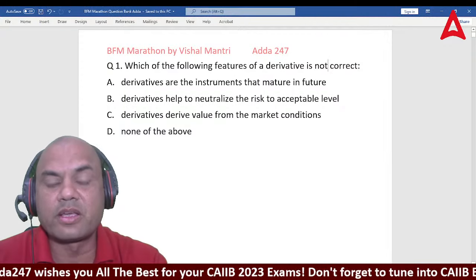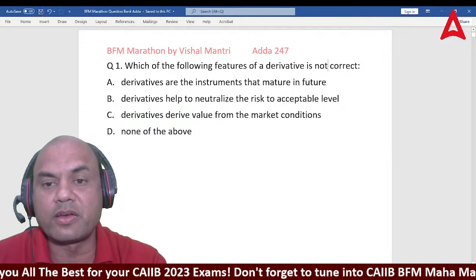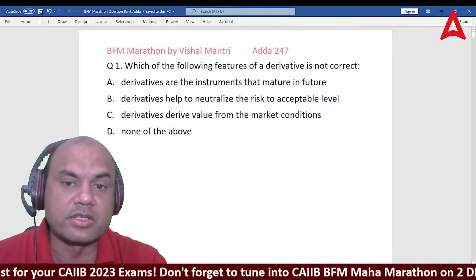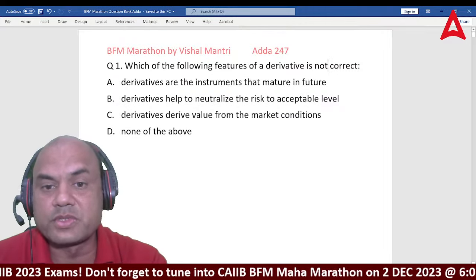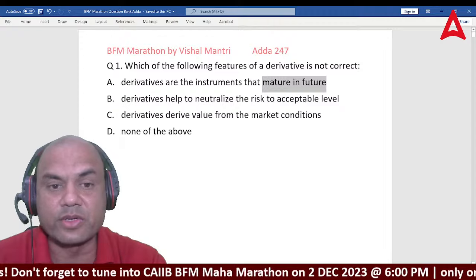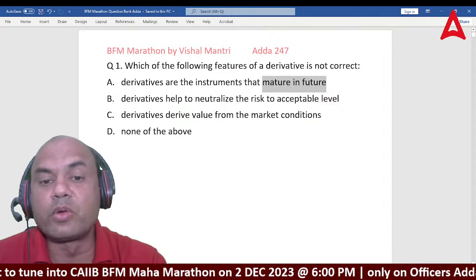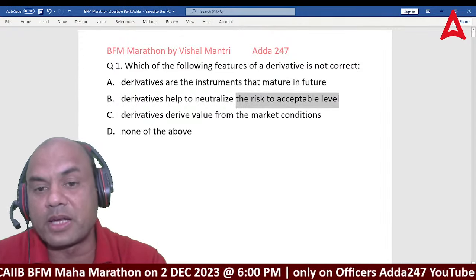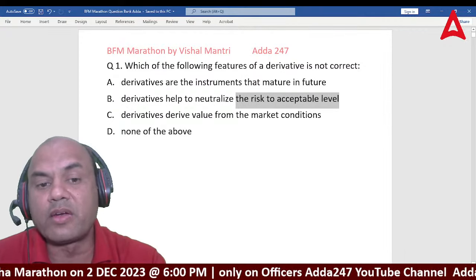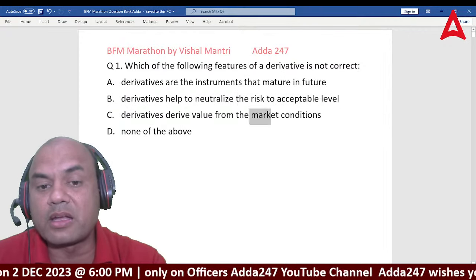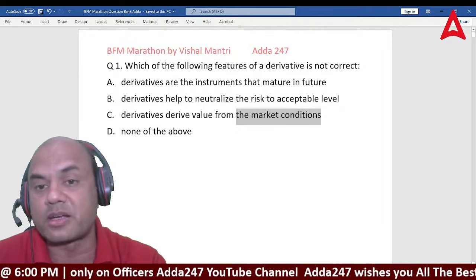So the answer: which of the following features of the derivatives is not correct? Derivatives are instruments that mature in future, that is correct. Derivatives help to neutralize the risk to the acceptable level, that is also correct. Derivatives derive the value from the market conditions, this is also correct.